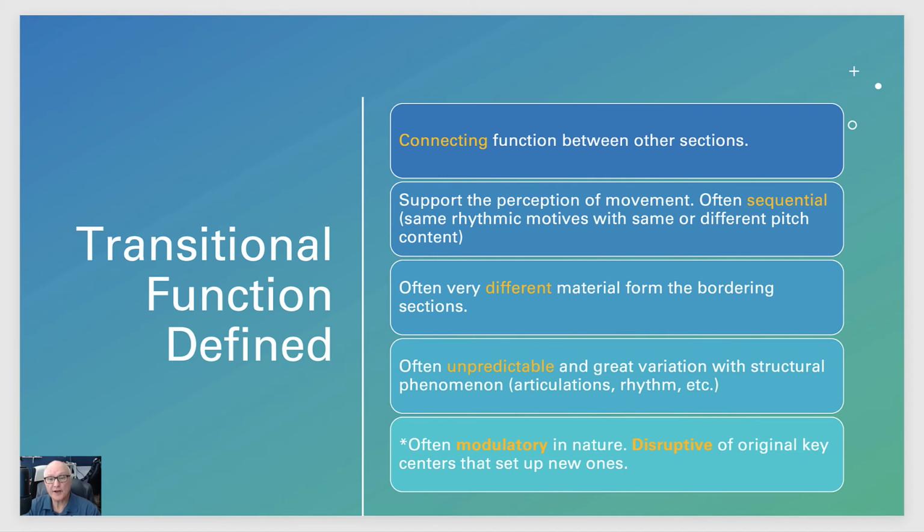It's often unpredictable, and great variation with structural phenomena like articulations, rhythm, pitch changes, contour changes are often very typical in transitions. It's often modulatory in nature and disruptive of the original key centers that set up new ones.